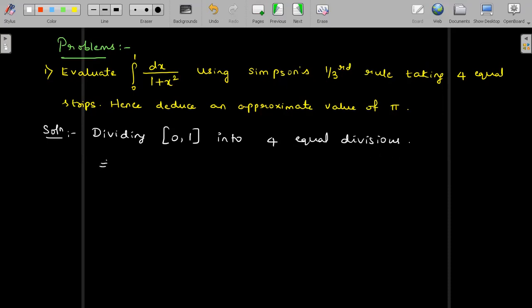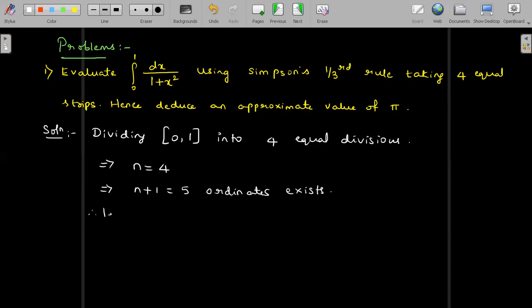So this gives us n is equal to 4, and this also implies that n plus 1, which is equal to 5 ordinates, exist.